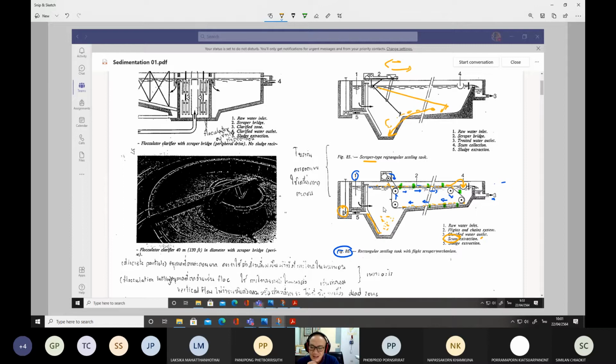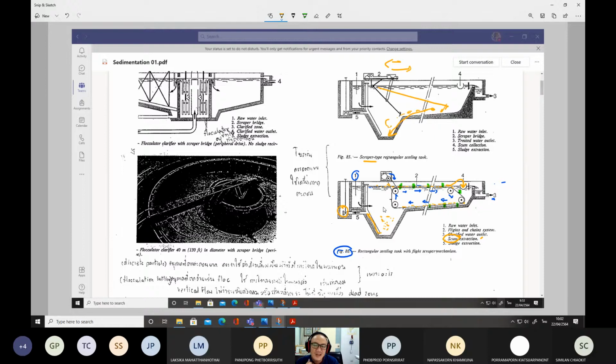The plants that have rectangular chambers like this, exactly the same as this, I have seen once when I visited the provincial waterworks authority somewhere in Chiang Mai province.